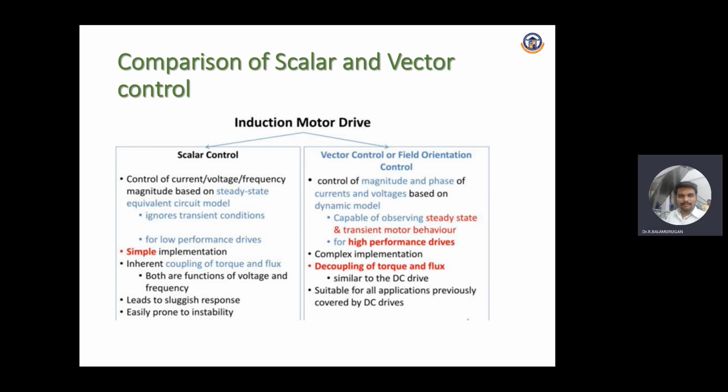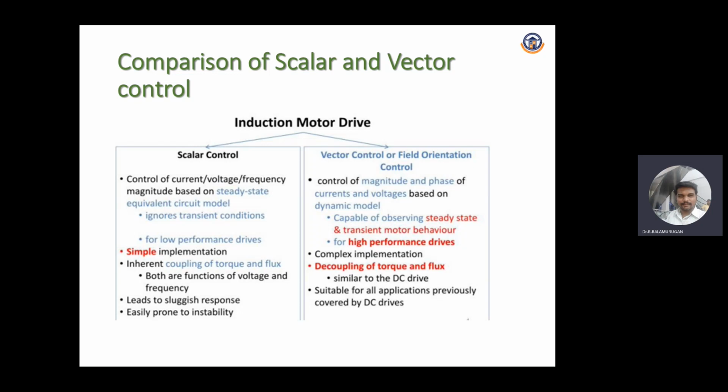The best performance for induction motor drive comes from vector control drive, and with scalar control drive we will be getting only low performance. The implementation of control will be simple in scalar and complex in vector control.